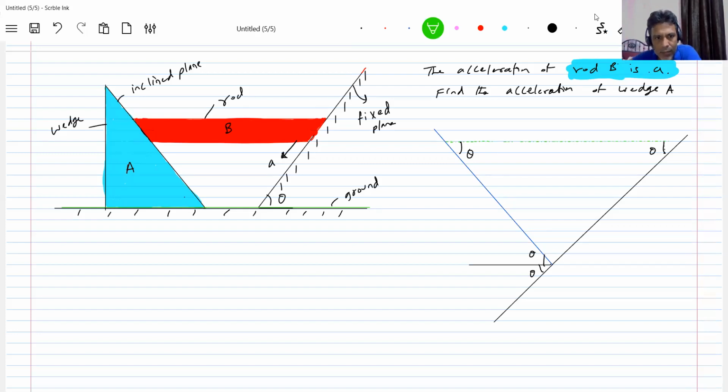What I did is I just extended these lines and worked out everything here. So here this should be theta. If this is theta, tell me, this should be theta. This should be theta.